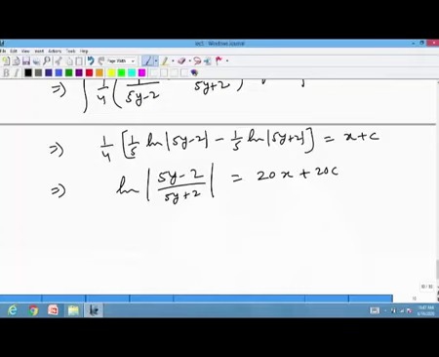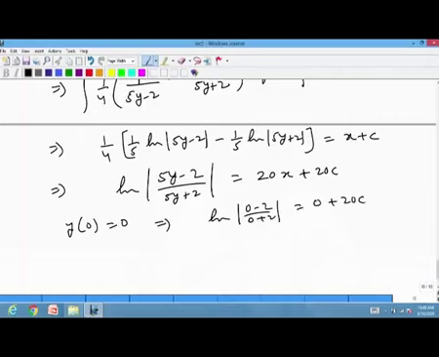Now, we are given that y 0 is equal to 0. This will imply natural log of, if we put y equal to 0, mod 0 minus 2 by 0 plus 2 equal to, x is 0, so 0 plus 20 c. This implies c is equal to 0.